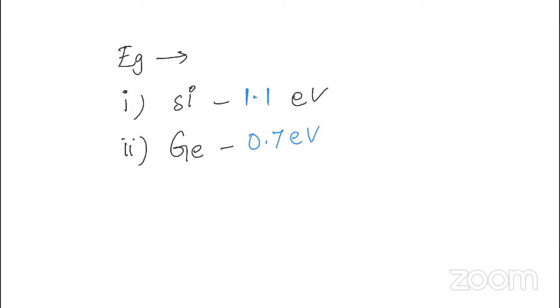Platinum and gold, both of them are metals. We use gold as a metal, and platinum is also a metal.